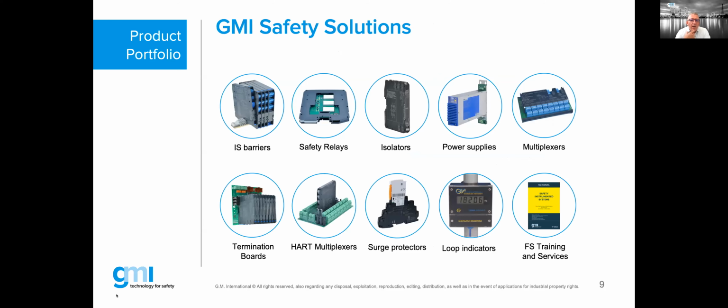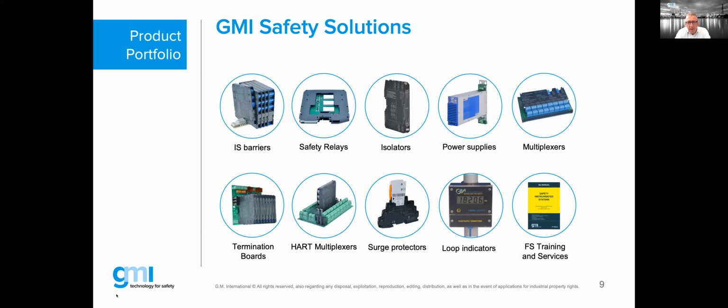This is a short overview of our products. What we do is intrinsic safety barriers, safety relays, isolators, power supplies. We have multiplexers for temperature and low-level signals. We have customized termination boards to connect our equipment to main DCS and ESD systems.